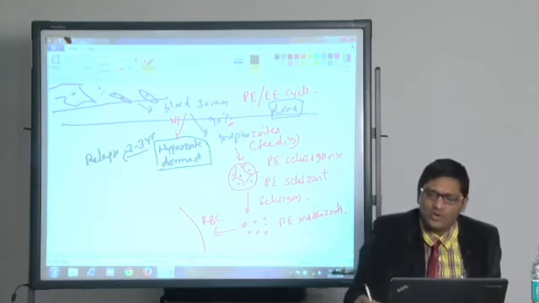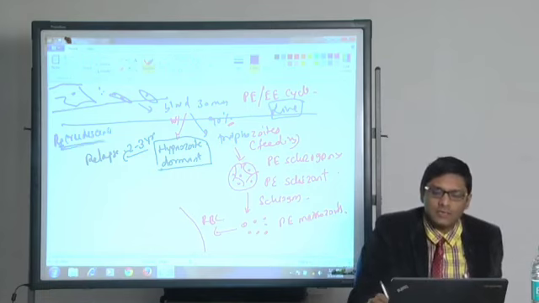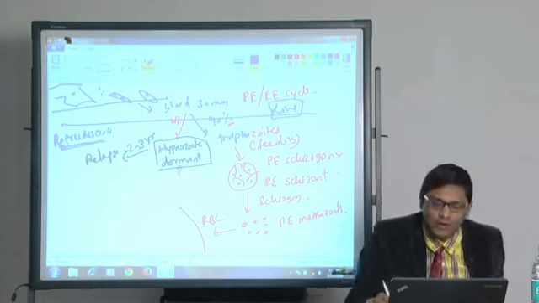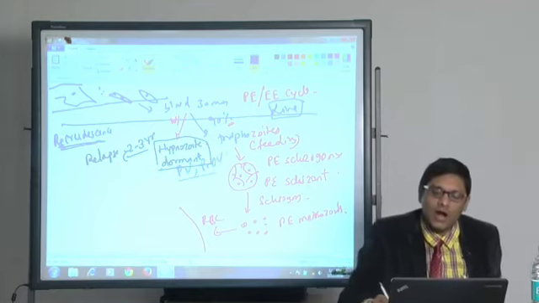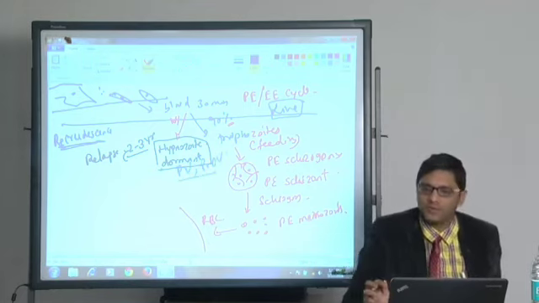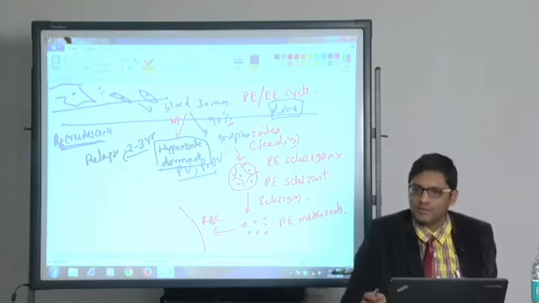And can you tell me how relapse is different from recrudescence? Please remember, the hypnozoite stage is seen only in V for vivax and ovale. Only vivax and ovale 10% will become hypnozoite. Falciparum all will become trophozoite. There is no hypnozoite in falciparum.